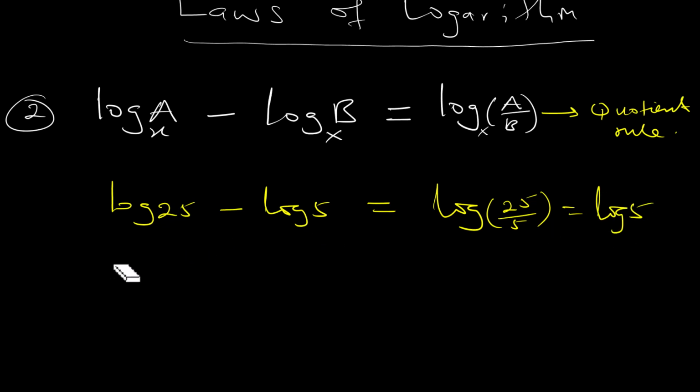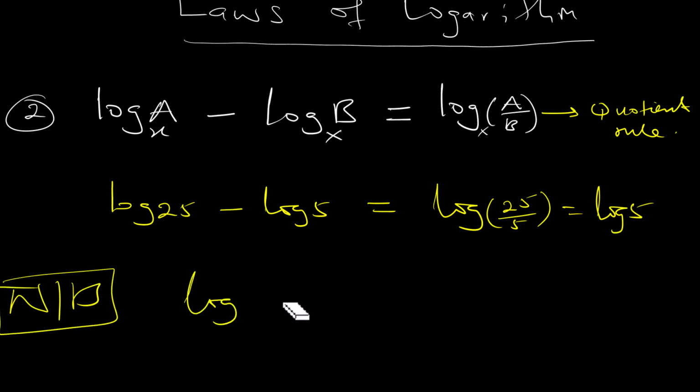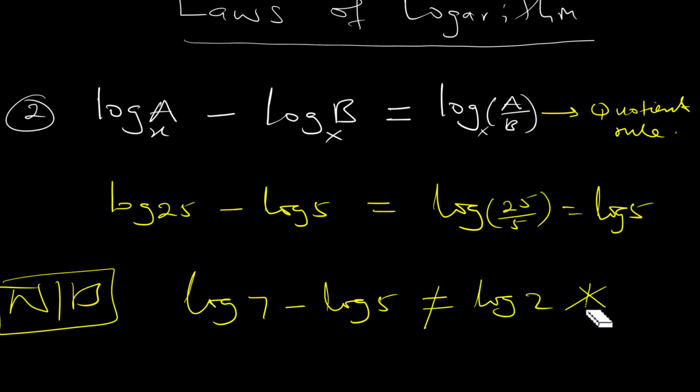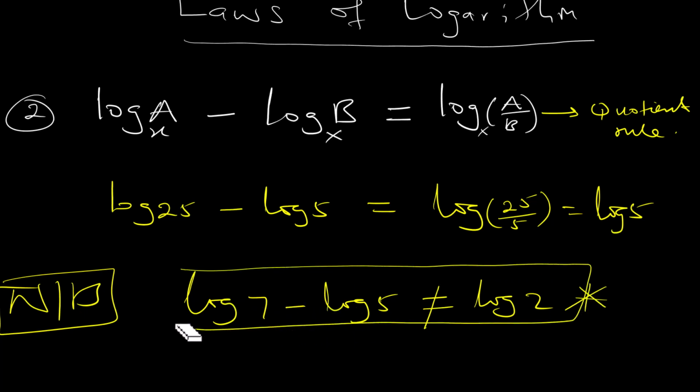Note also that log 7 minus log 5 is not the same as saying 7 minus 5, therefore log 2. No, it's wrong. This one is not equal to that, so take note.